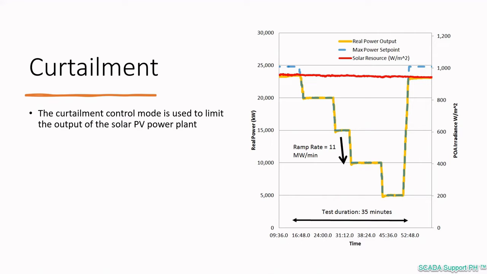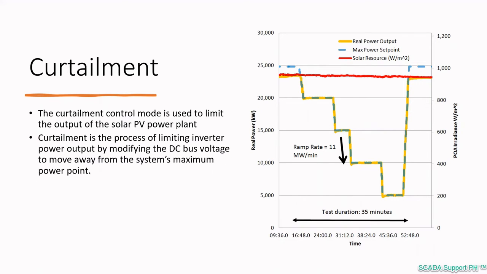We can summarize that the curtailment control mode is used to limit the output of the solar PV power plant. In this control mode, the PPC limits the output of the solar PV power plant to prevent the grid from becoming overloaded. This control mode is typically used during periods of high solar PV power plant output.